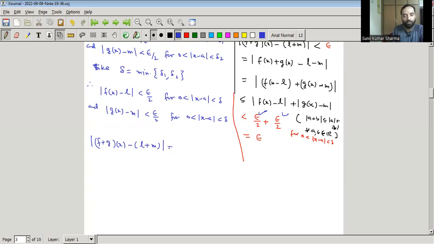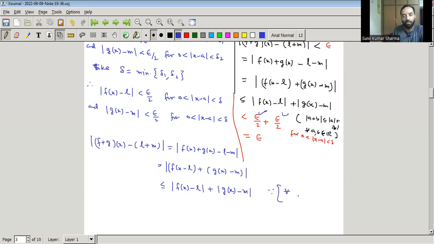So this is equal to, now we define the sum, that is f(x) plus g(x) minus L minus m, which is equal to mod of (f(x) minus L) plus (g(x) minus m), which is less than or equal to mod f(x) minus L plus mod g(x) minus m, because mod a plus b, given any a, b in R, is less than or equal to mod a plus mod b. This is the triangle inequality. Okay.